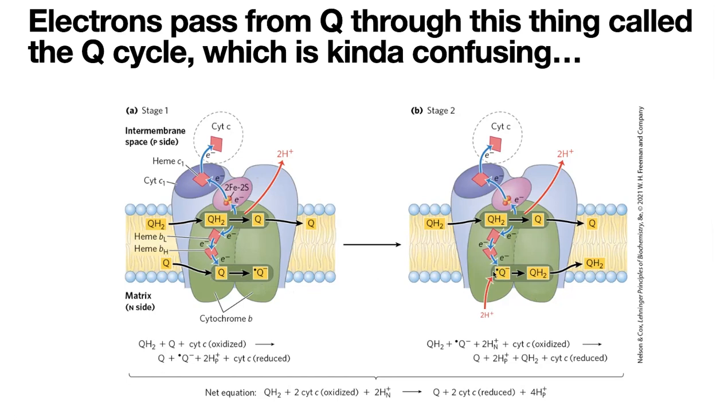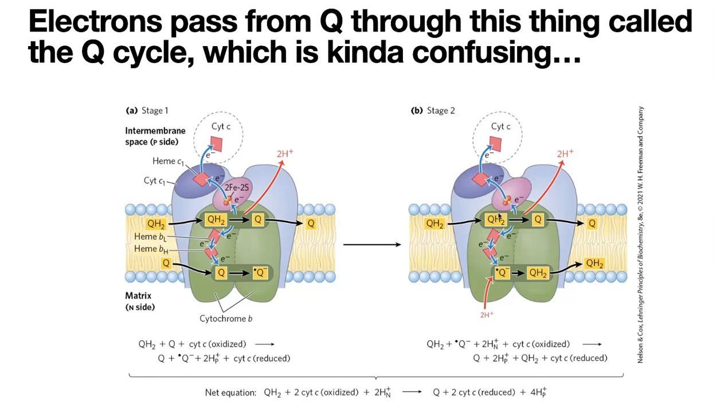In order to reduce it fully, we're going to need to add 2 protons, and we're going to need to add another electron. We can give it another electron if we take another ubiquinol. So we take another of the fully reduced forms in. We take an electron from that and give it to this free radical to create QH2, our fully reduced ubiquinol.